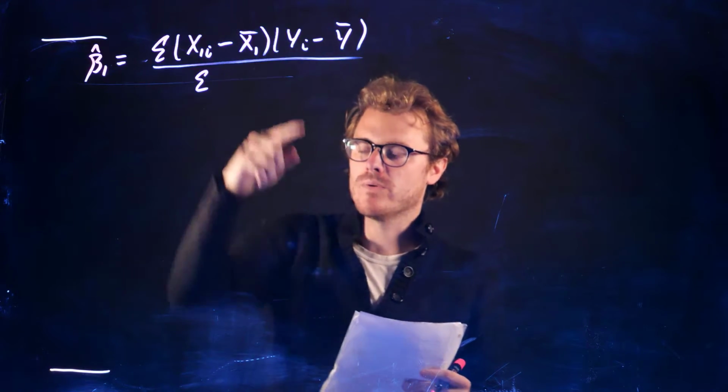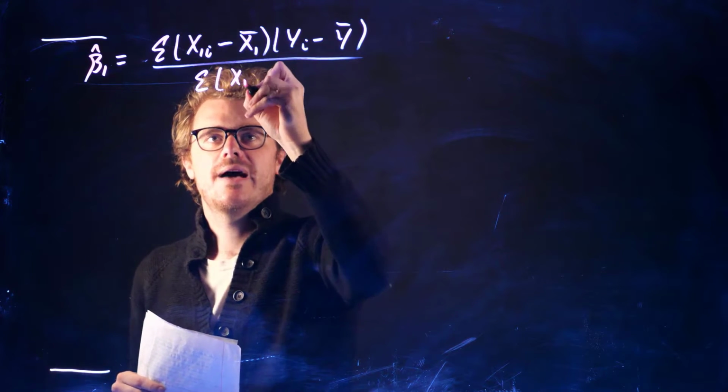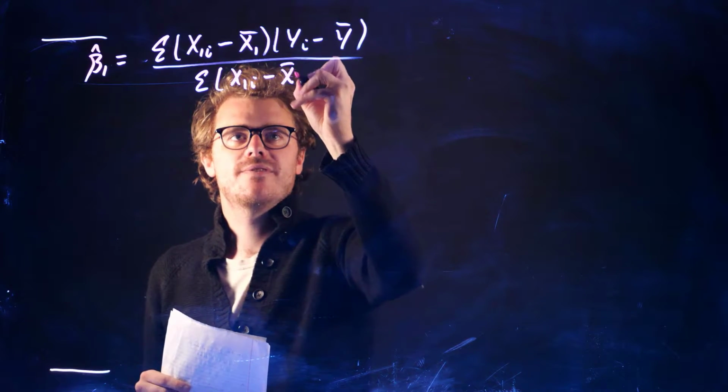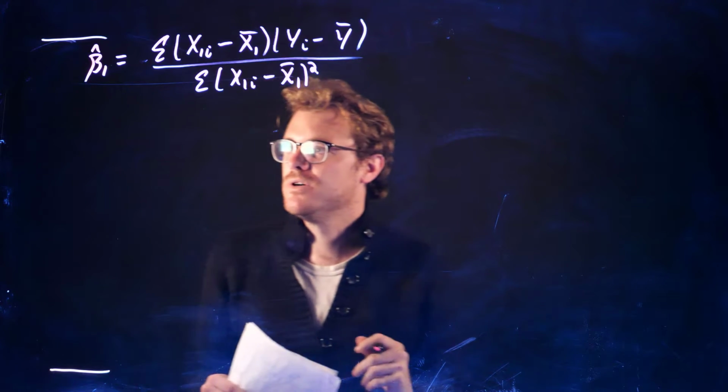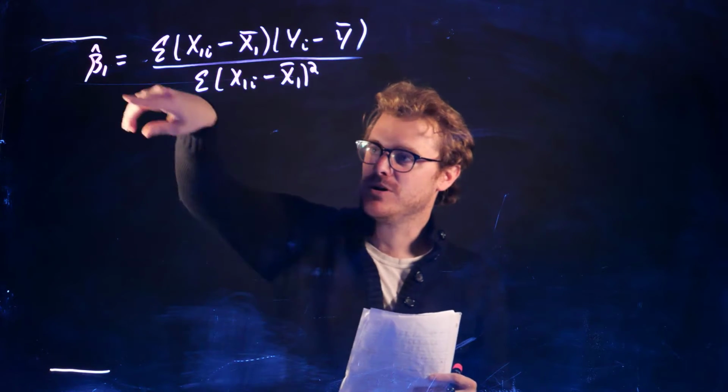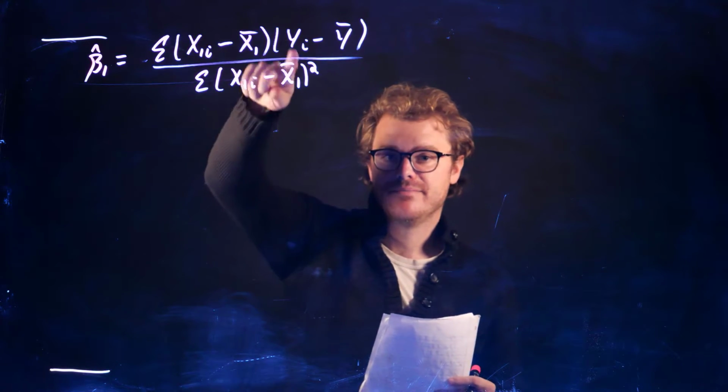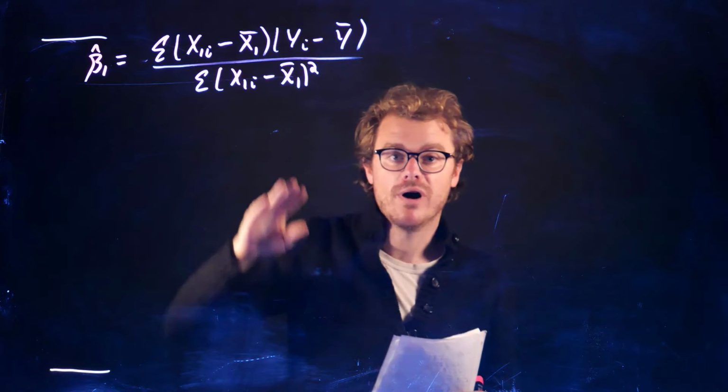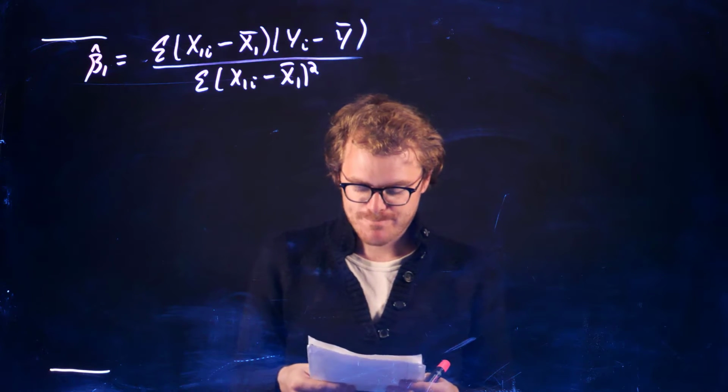We're going to end up plugging that expression back in here. So this is the normal formula for that estimator for beta hat 1, that slope parameter.